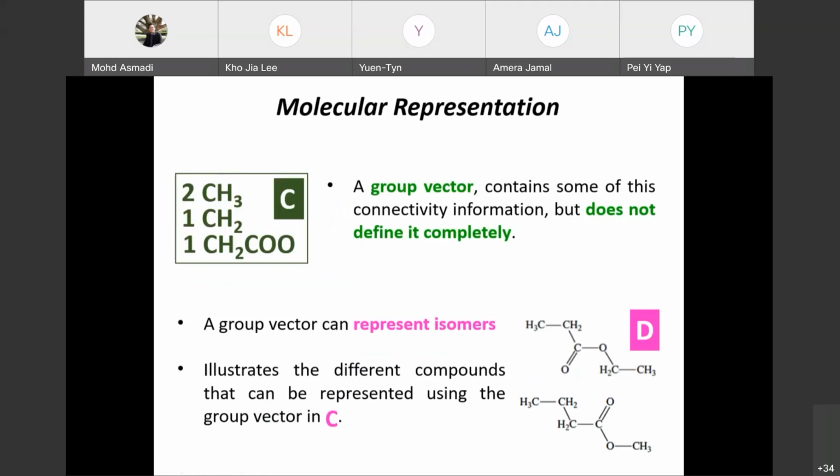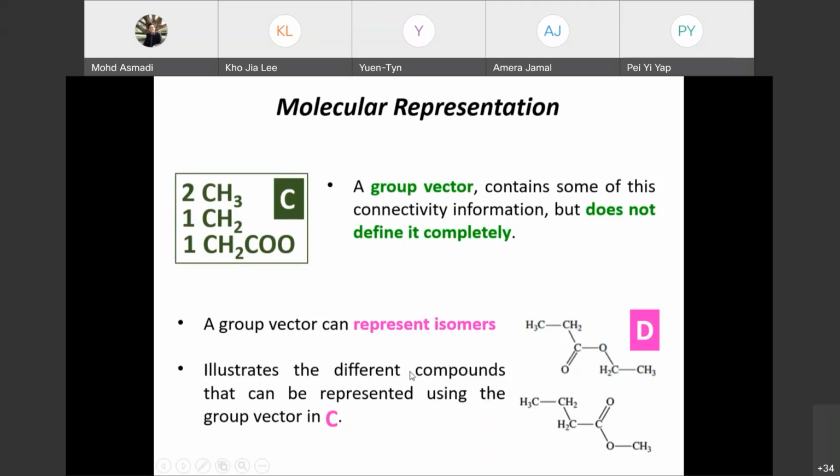A group vector can also represent isomers. In D, we can represent isomers, which are actually different compounds. If you know the balance of the different types of molecules, we can generate the bond configuration. So C is a group vector and D is more for representing isomers.